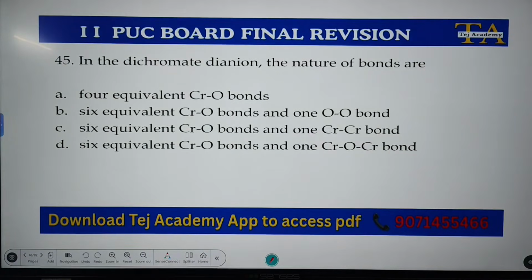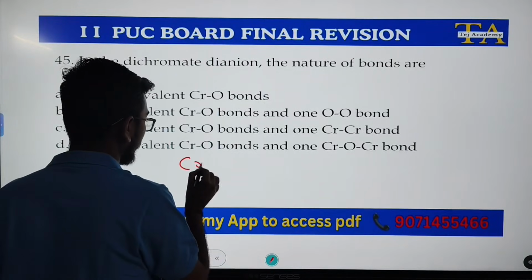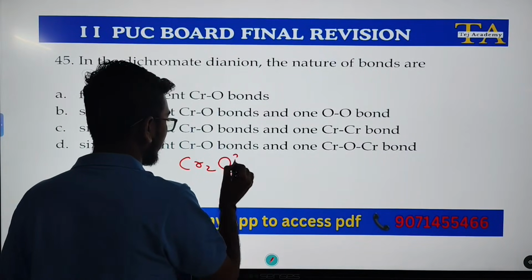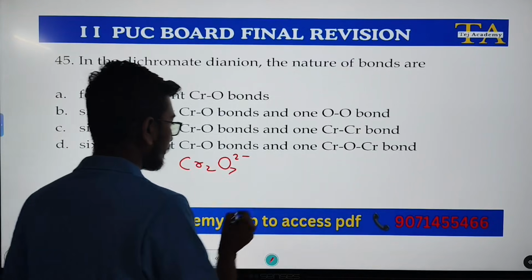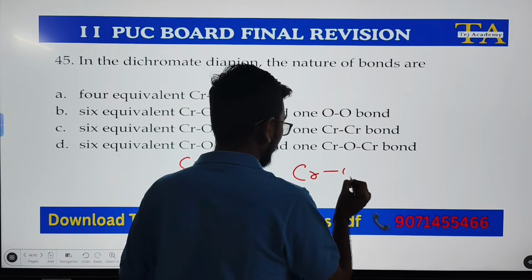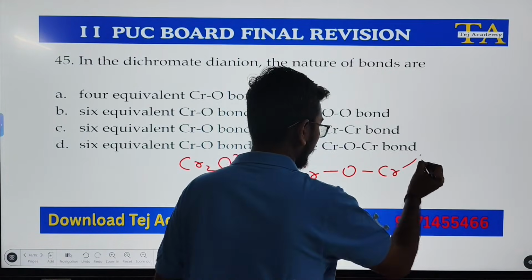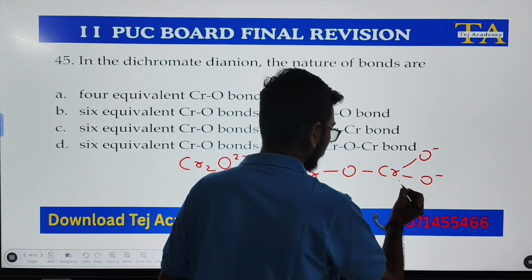45th, in the dichromate dianion, the nature of bonds are... So dichromate dianion, Cr2O7 2 minus.